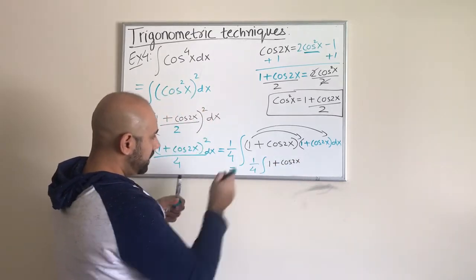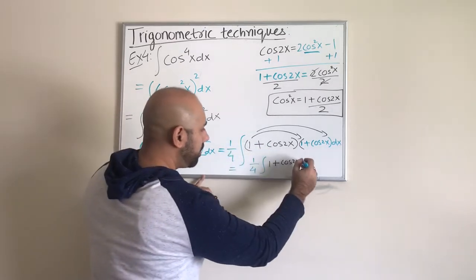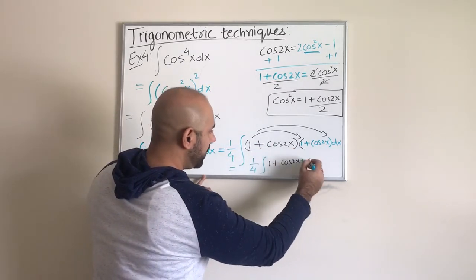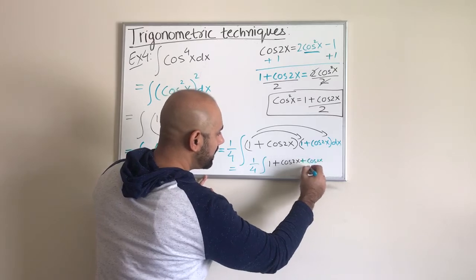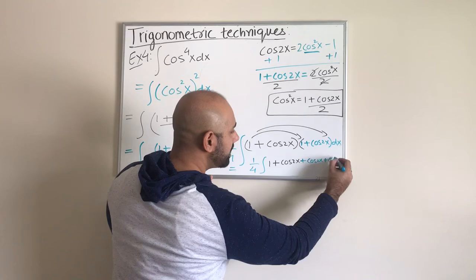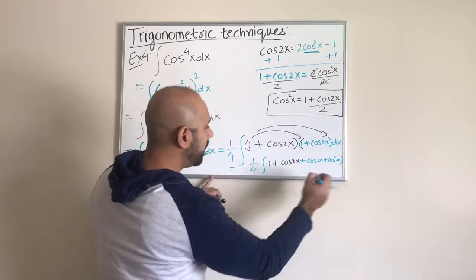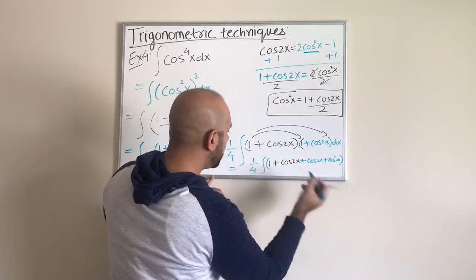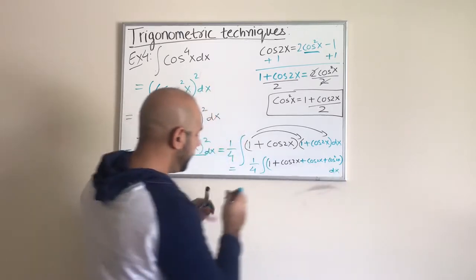That takes care of the first piece. Then there's the second term, so plus, this time this is the same thing, cosine 2x, and the last term will be cosine 2x times itself, which is cosine squared 2x. Let us put this in parentheses, there's a dx here as well.